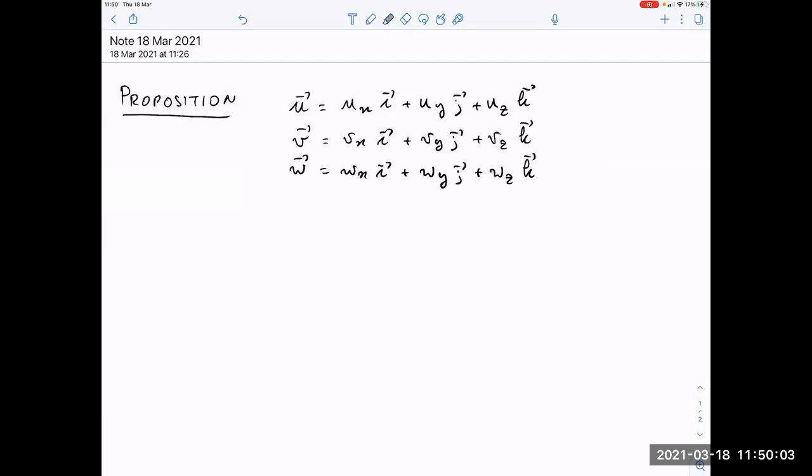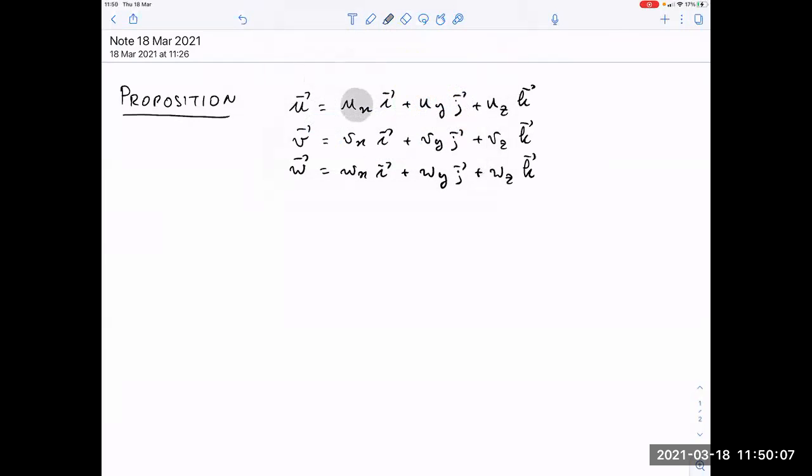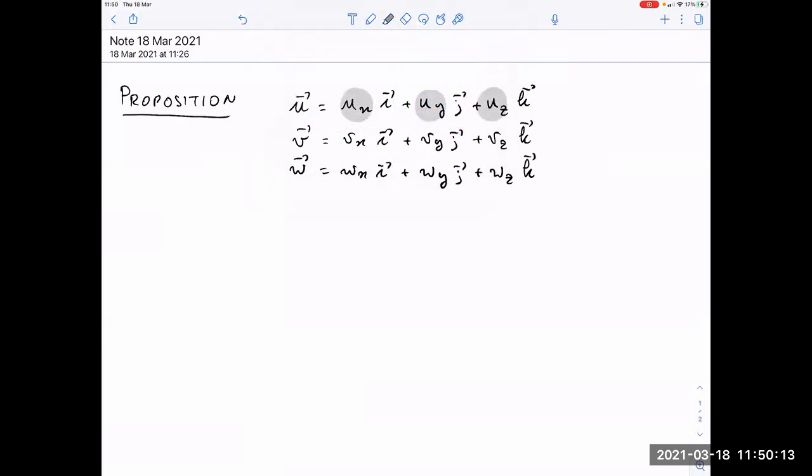Using these components, you see we have 9 of these, 3, and then we have other 3, other 3. It is pretty natural to organize them as the rows of a matrix 3 by 3.